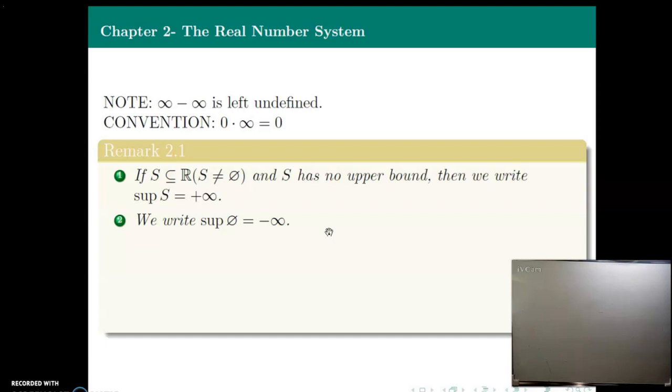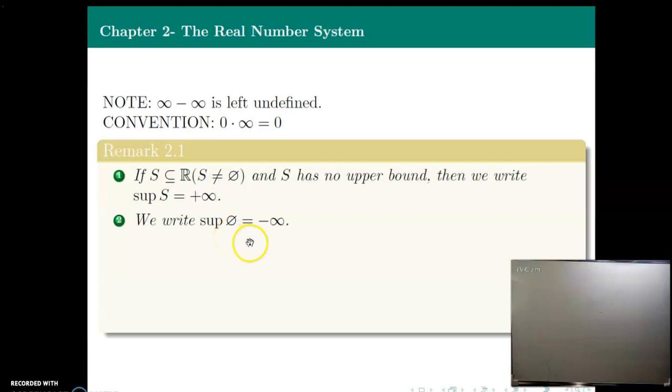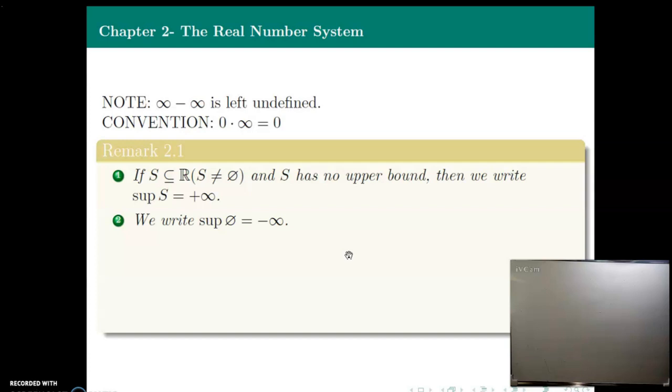Now take note that the empty set is a subset of any set. Therefore, every extended real number is an upper bound of the empty set.